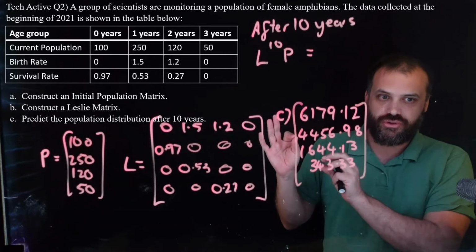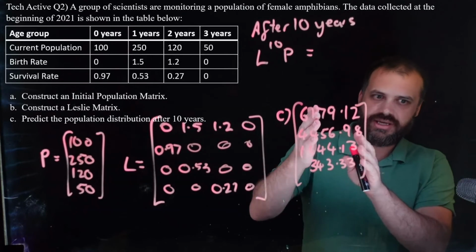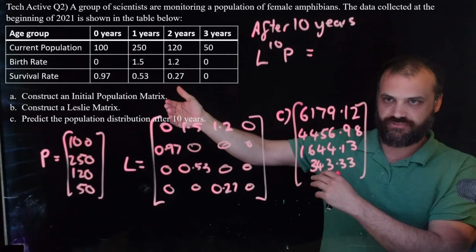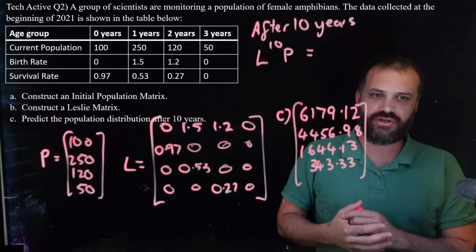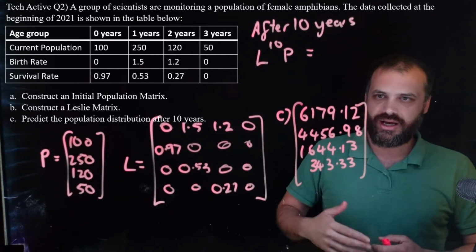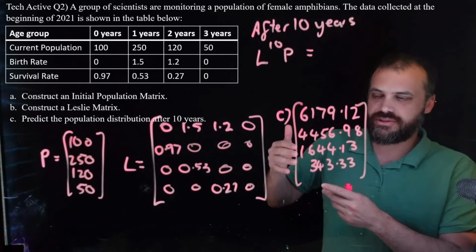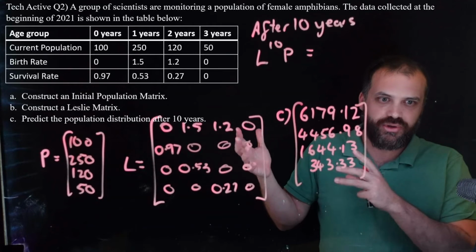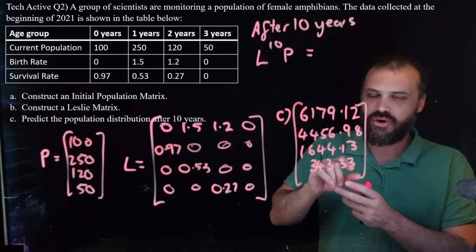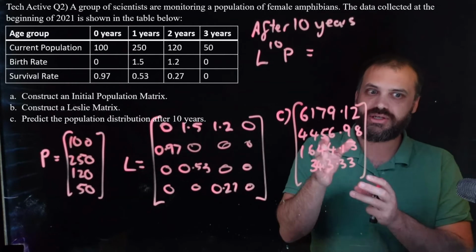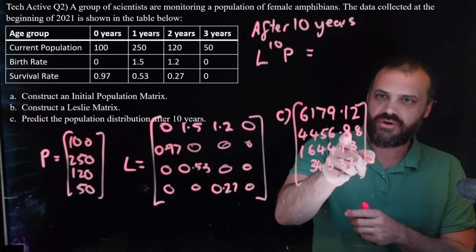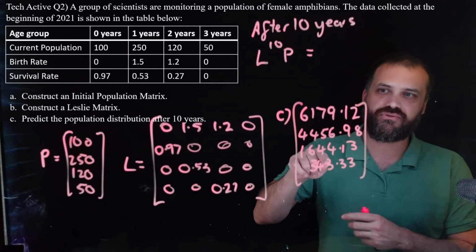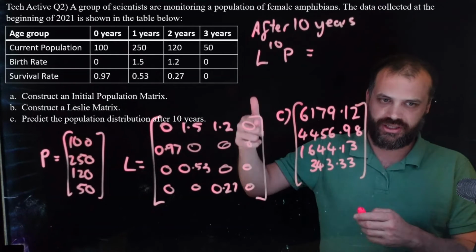Just round normally. This is a prediction of the future, and it says 6179.12. It's not like someone's halfway through giving birth or something. This is just a prediction. We just round, and we assume that we're going to have 6179. We round here, and we're going to have 4457, okay?